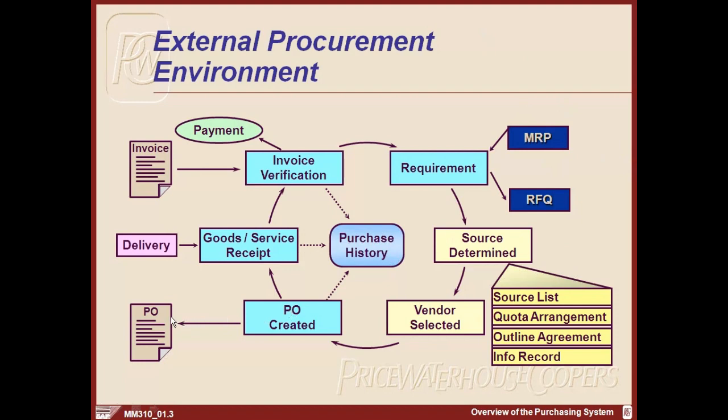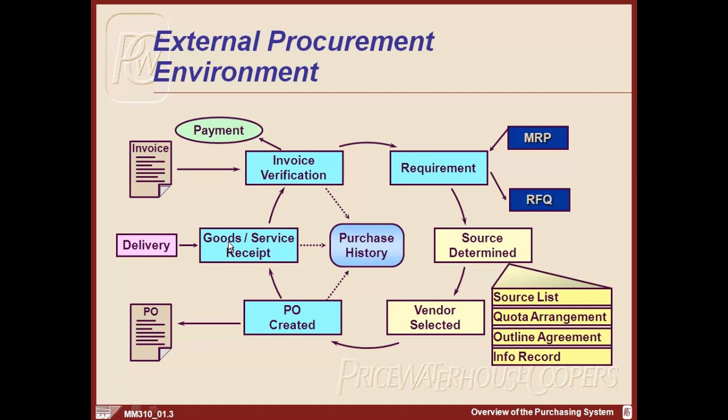The supplier receives the PO, acknowledges it if required, and then delivers the material. Once the material is delivered, somebody in the stores has to receive it. Once he receives it, he prints a receipt slip, or what we call a GR slip, and along with the goods receipt, your vendor may send you an invoice, or immediately after sending the goods, he might send you an invoice which needs to be verified.